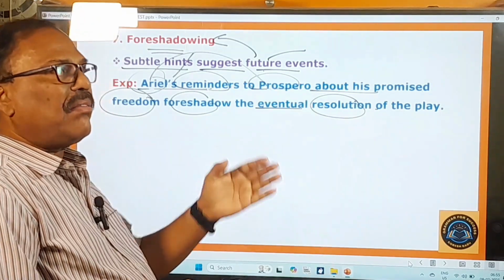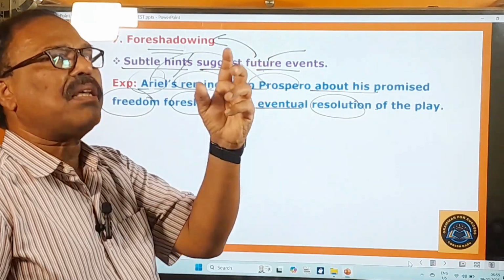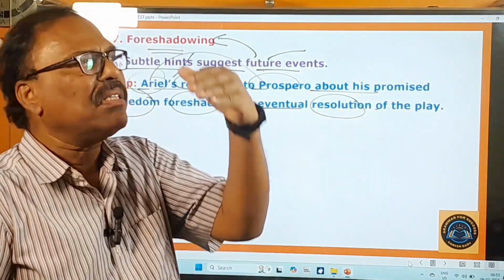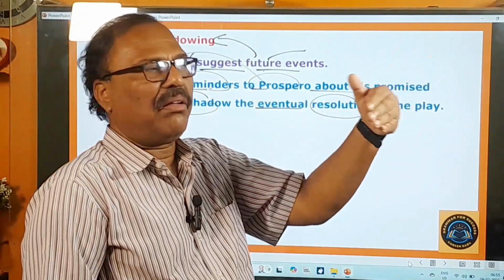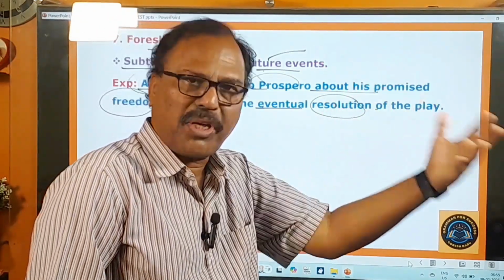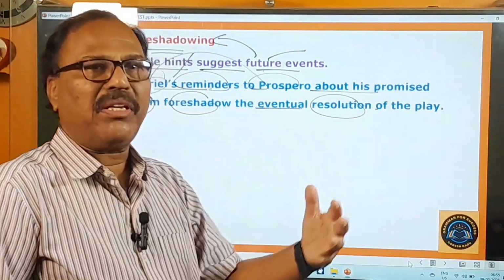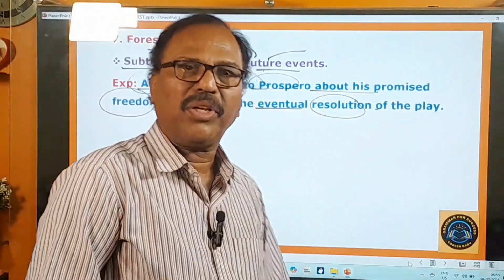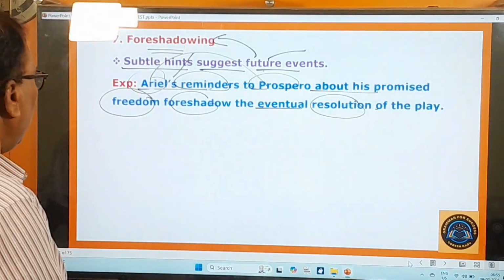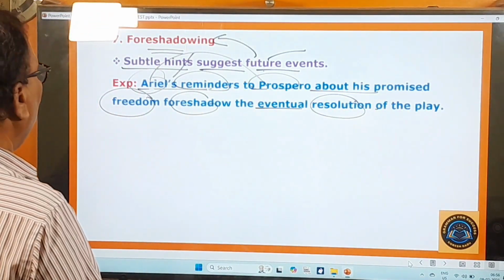So in that way, this writer has given some hint to the audience that something is going to happen in the episodes to come, or that something is going to come in the succeeding story. Right, and that is all about foreshadowing.